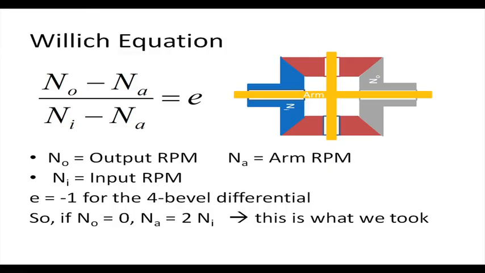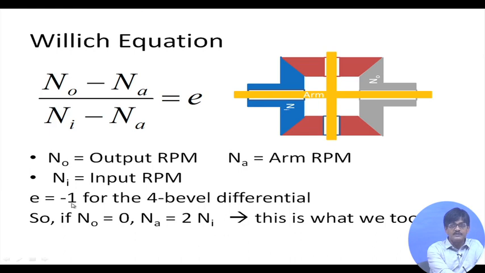Coming back to this problem, E is defined so that if the arm is kept steady, they will simply have the same rate of rotation, but the sense will be opposite. So E will be equal to -1 for this particular bevel differential, where the bevel gears are all of the same number of teeth. So, E is equal to -1.